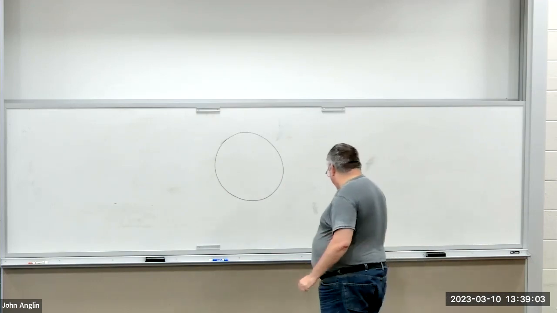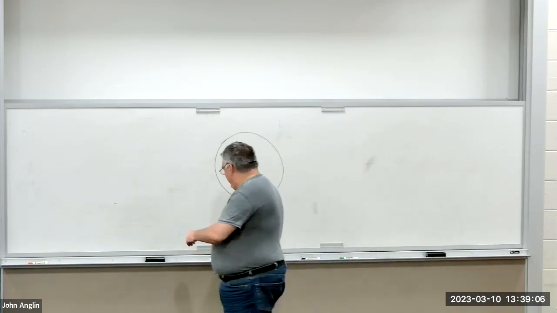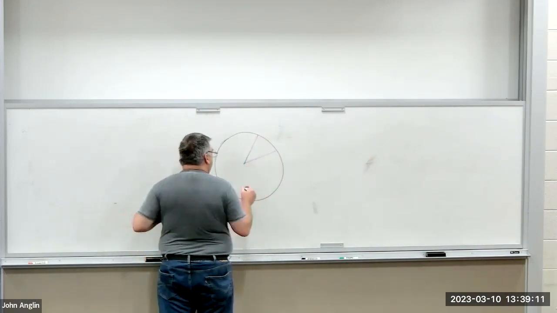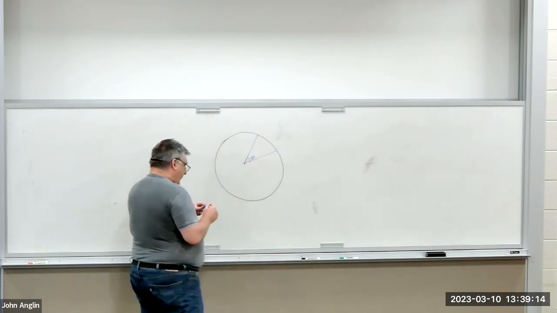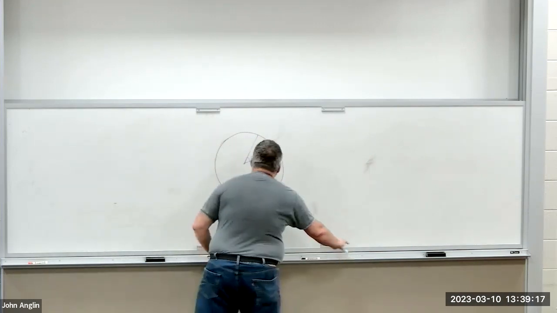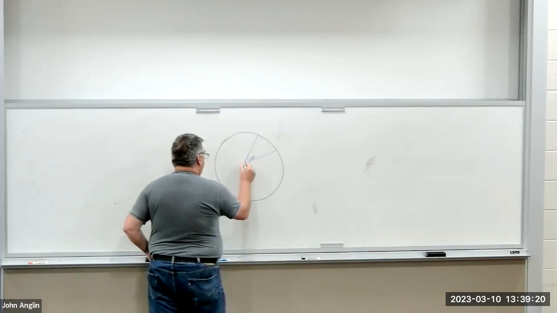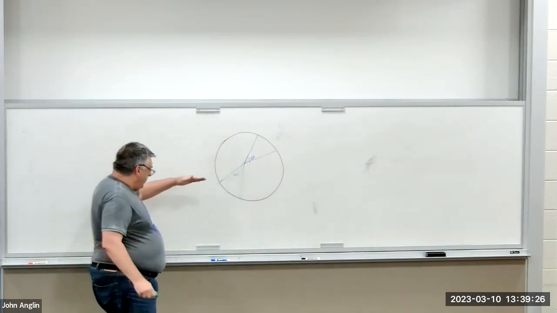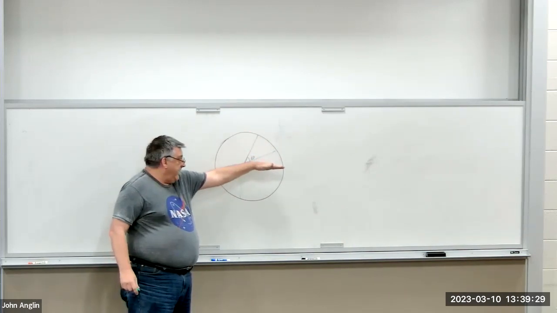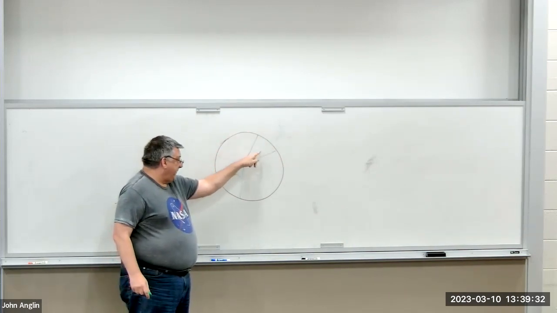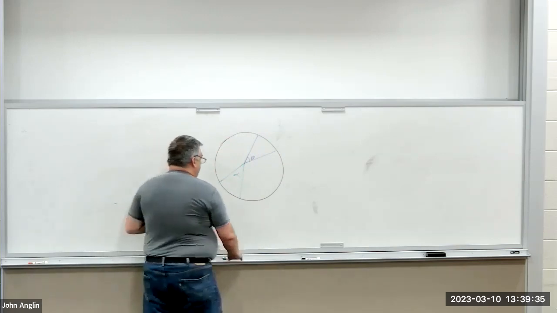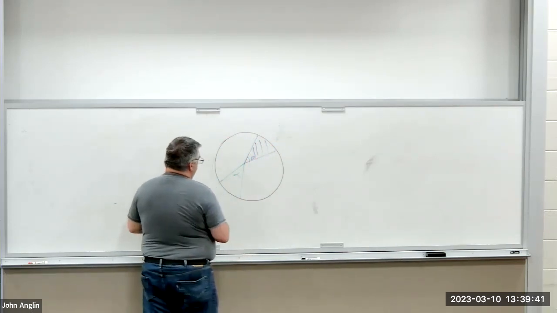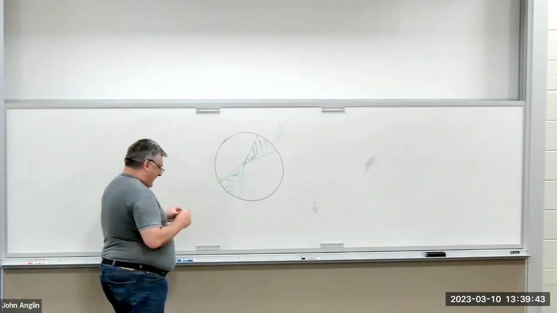His second law says that if you take some angle and we look at the area that's covered as this object orbits something else, we'll find that this area here and this area here are the same.